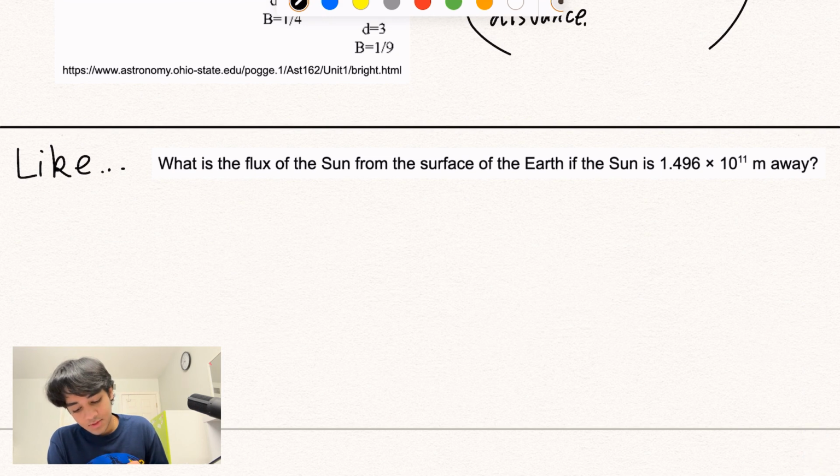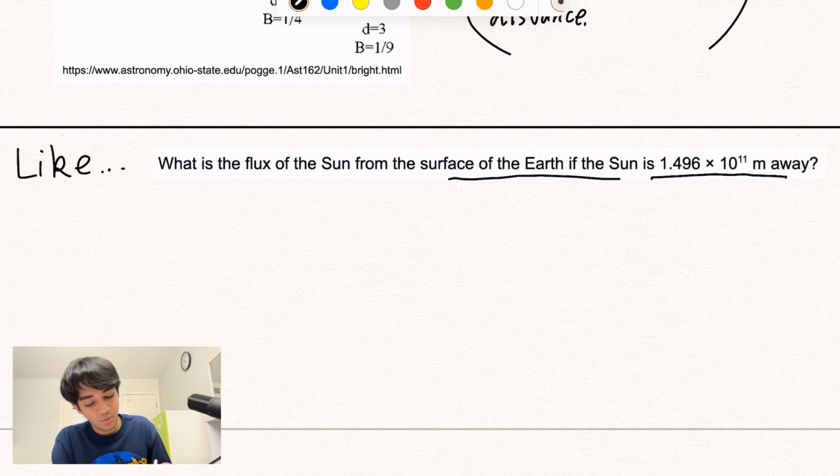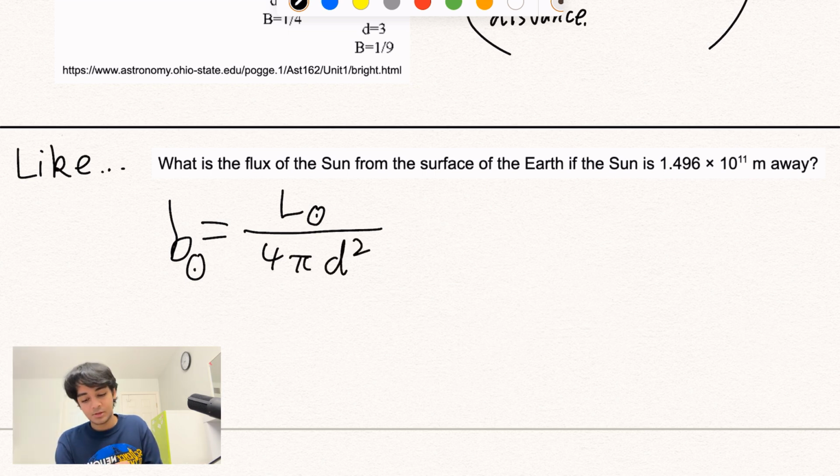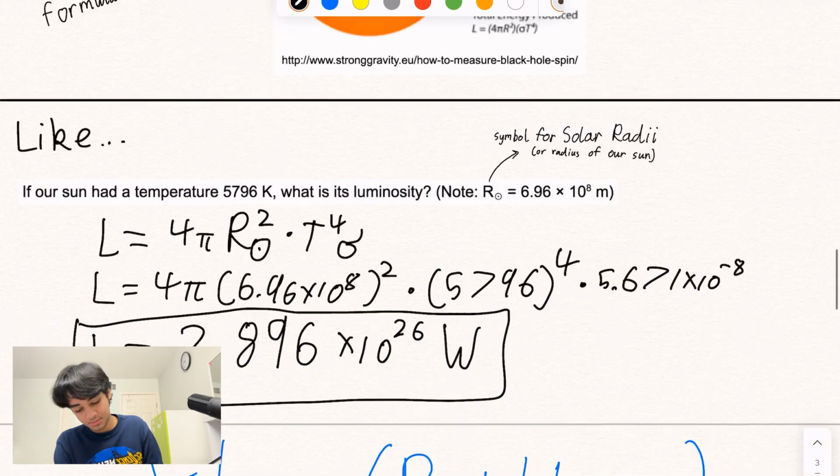What is the flux of the sun from the surface of the Earth if the sun is 1.496 times 10 to the power 11 meters away? Again, let's use the formula. So we have brightness of the sun equals luminosity of the sun divided by 4 pi d squared. The luminosity, we already found it in the previous problem.